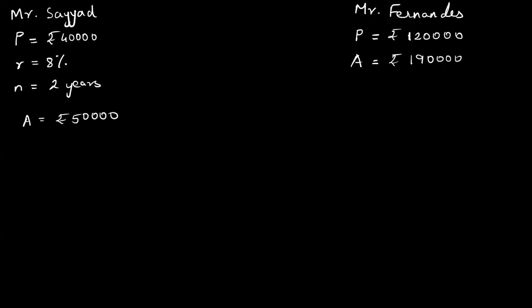Then the same thing for Mr. Fernandez. If Mr. Fernandez would have put 100 rupees here, how much he would have gotten? If they put the same money, and let us say Mr. Sayed's profit percent is 15%, and Mr. Fernandez's profit percent is 25%, which is more profitable? Mr. Fernandez. So that is what we are aiming for. We are going to calculate the profit percent.